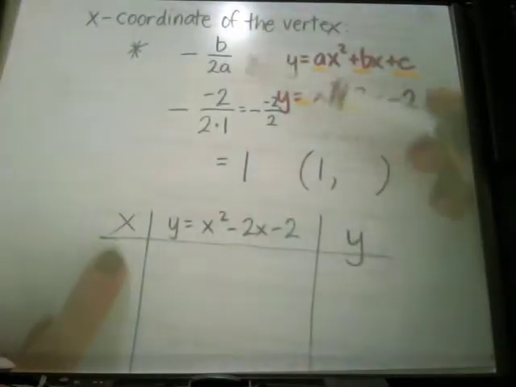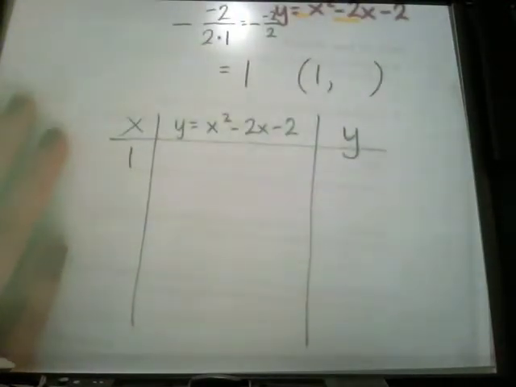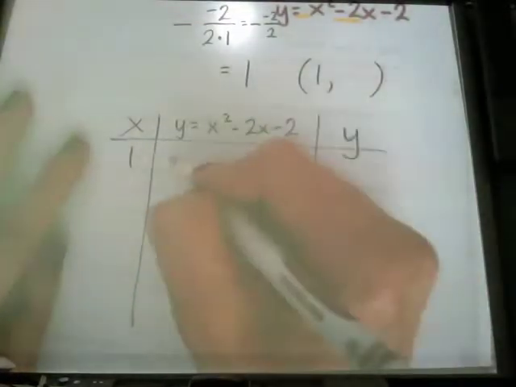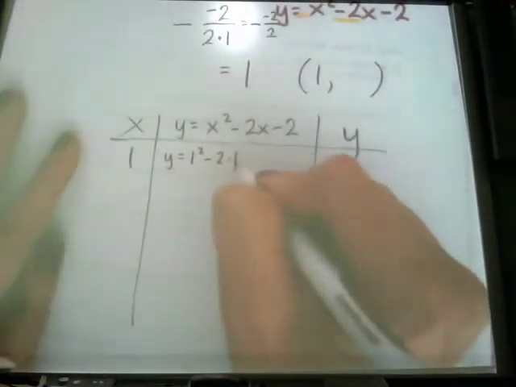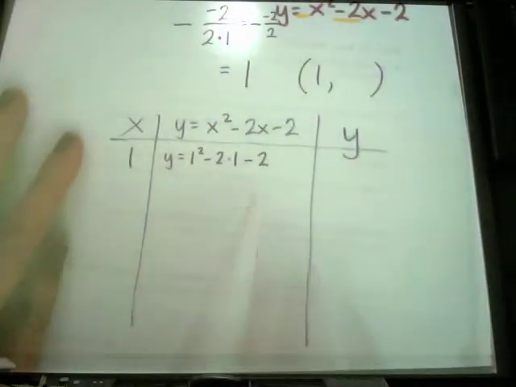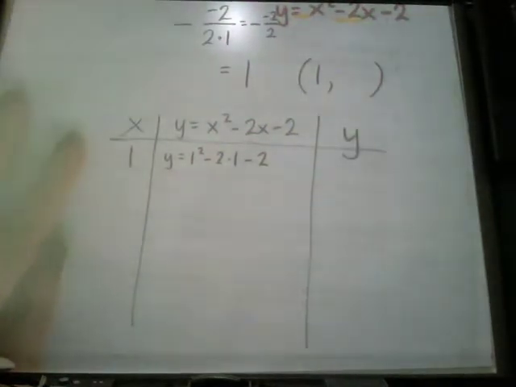How do we find the vertex? Using this little formula to get the x value. I still need to find the y value. I'm going to plug in my x value for this vertex point. This is going to tell me how to start my graph. I plug in the 1 for every x: 1 squared minus 2 times 1 minus 2. You can hopefully see here, this is sort of like what you were doing yesterday when you were given the x values and you had to plug them in and get a y value.